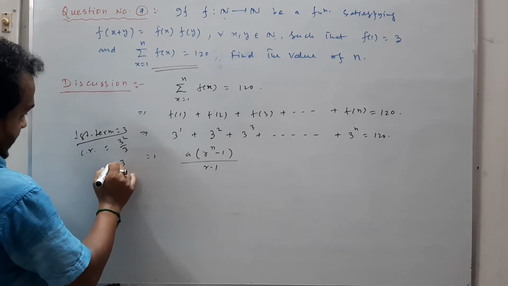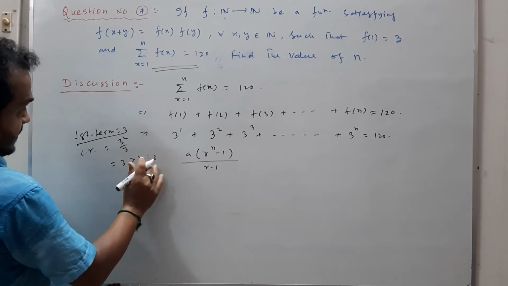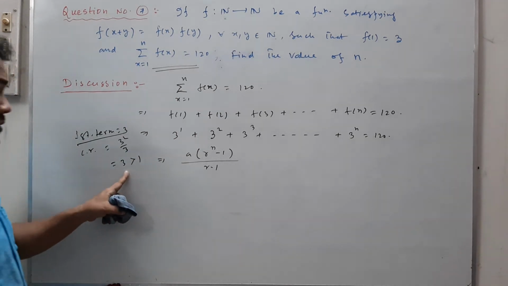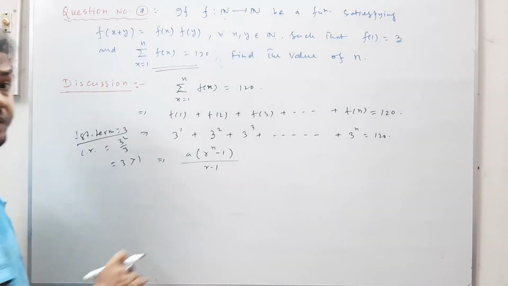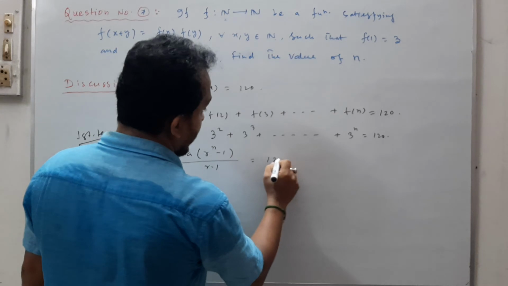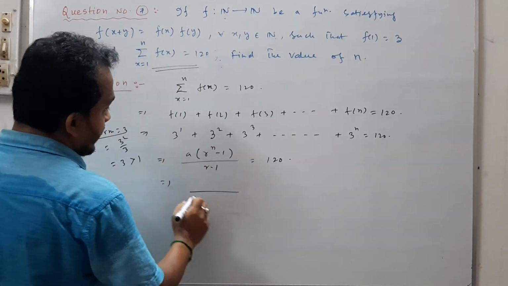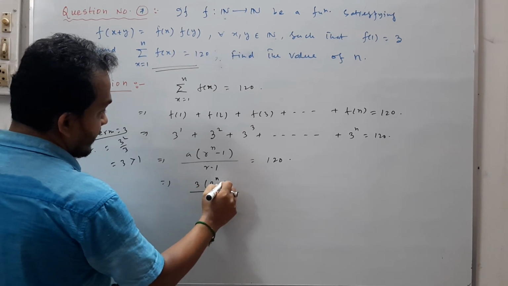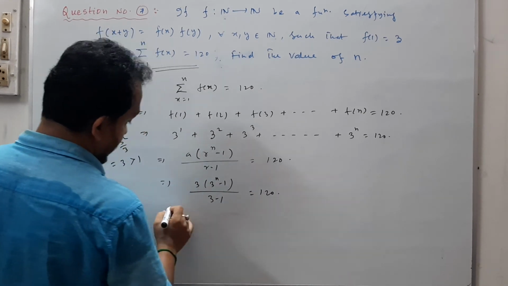Since the common ratio r is greater than 1, we can apply this formula for a GP series of n terms, and it is equal to 120. Now we put a = 3 and r = 3: 3 into (3 power n minus 1) divided by (3 minus 1) is equal to 120.